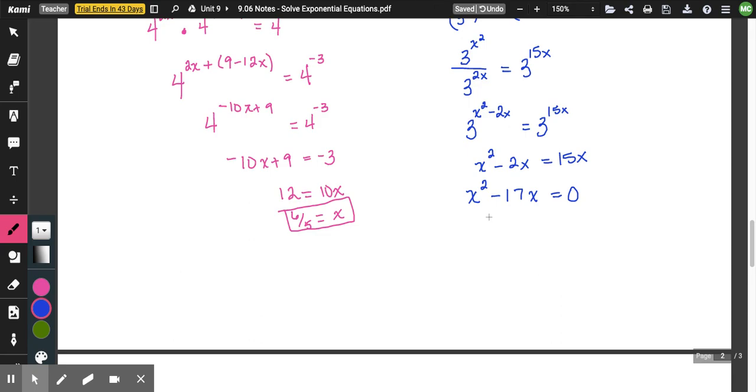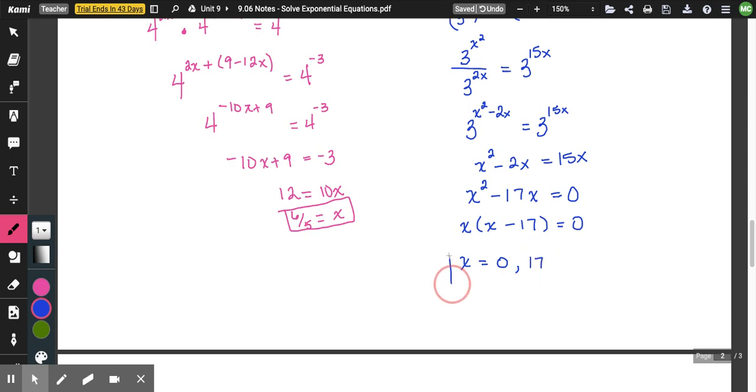And then I can factor. Both of these terms have an x in common, greatest common factor, so I'm going to factor out an x. And then I can set each of those factors equal to 0 to solve. So that would give me x equals 0 when I set the first factor equal to 0, and x minus 17 equals 0 would give me 17.